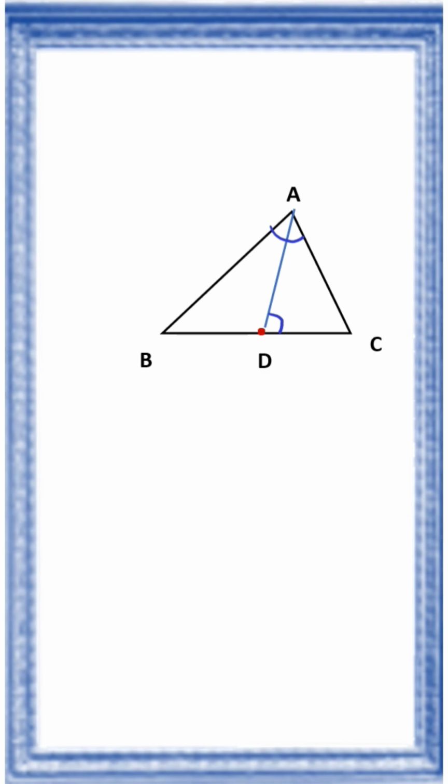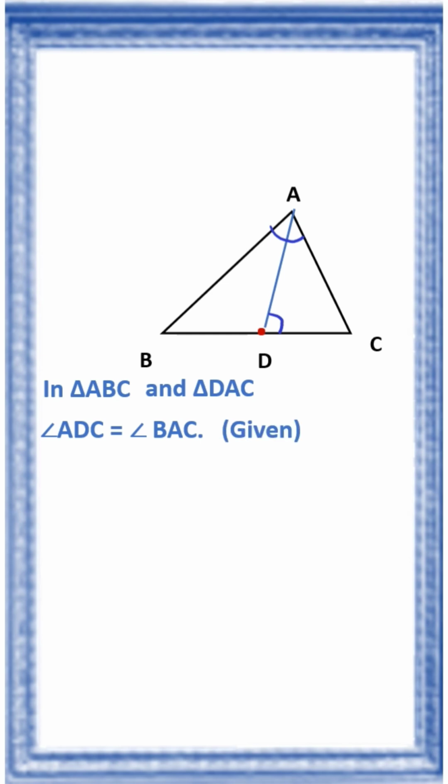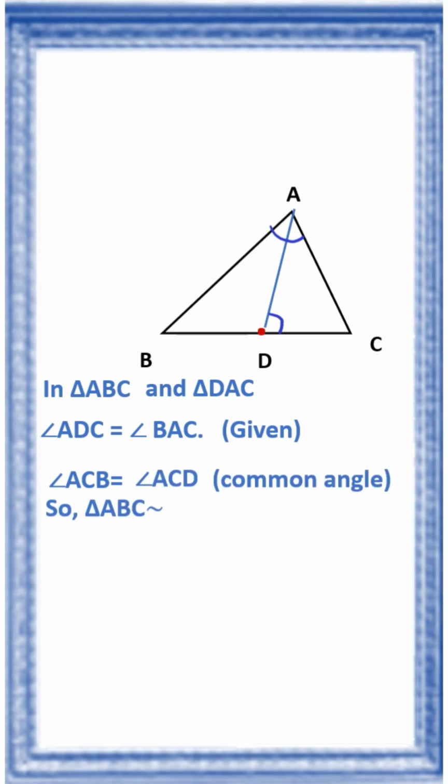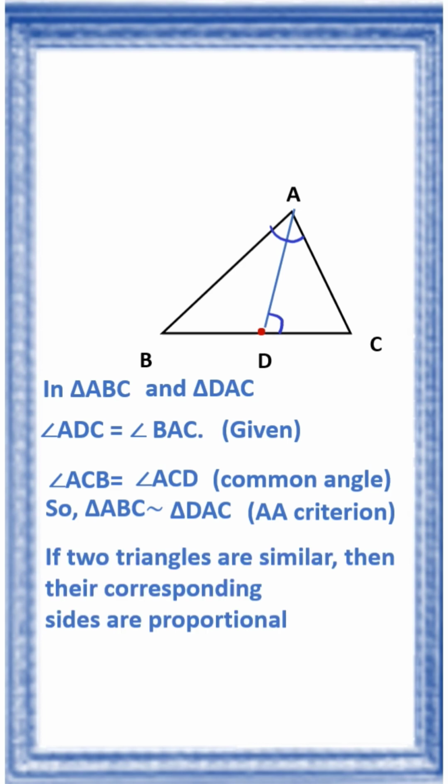Now, in triangles ABC and DAC, observe the triangles. Angle ADC is equal to angle BAC. Why? It is given. Angle ACB is equal to angle ACD. Why? It is common. So triangle ABC is similar to triangle ADC. Why? By the AA criterion of similarity.